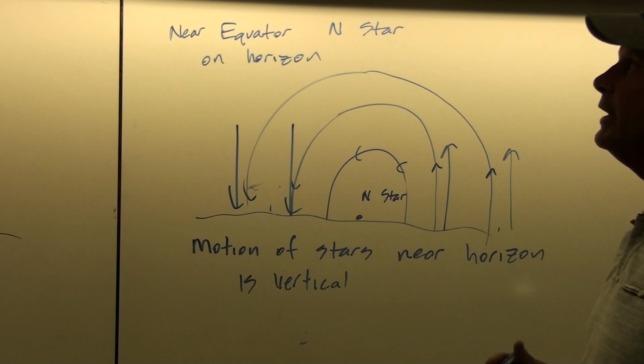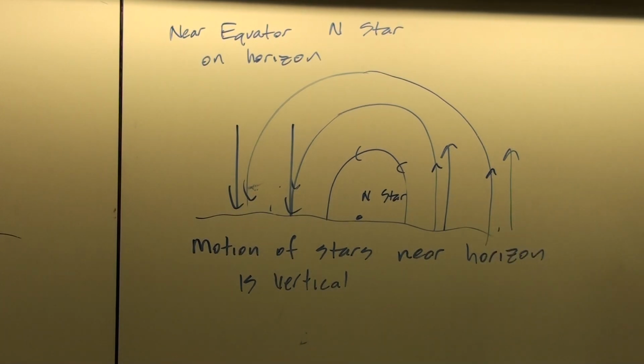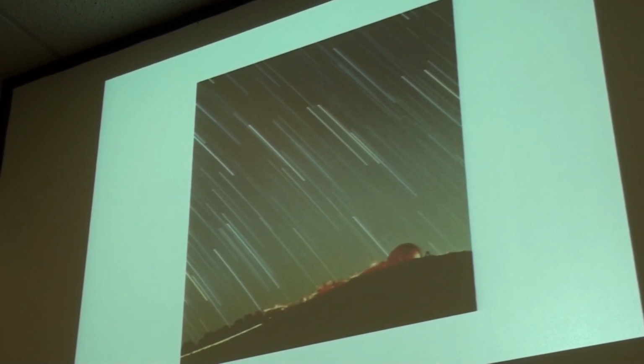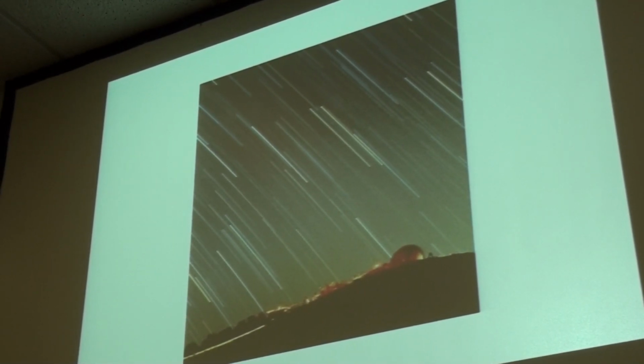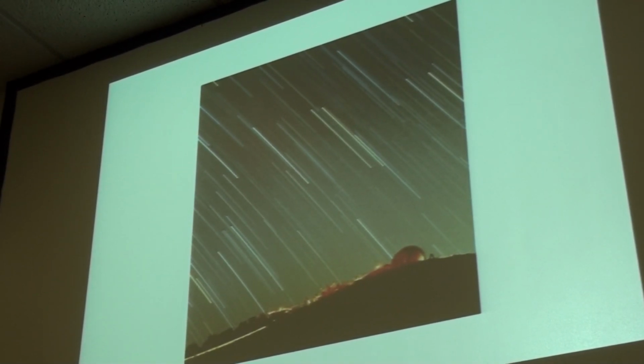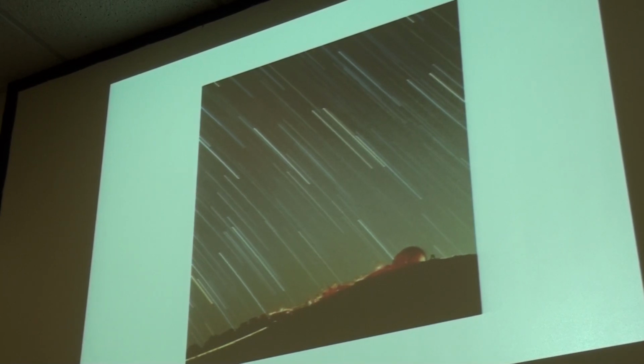Okay? But what if we were in this kind of a position so that we saw the stars coming in diagonally? Where do you suppose we'd be then? Well, if we think logically in terms of what we've already discussed, it might seem reasonable to say that the position would be somewhere between the equator and the North Pole.